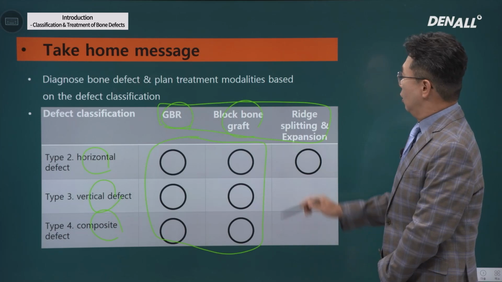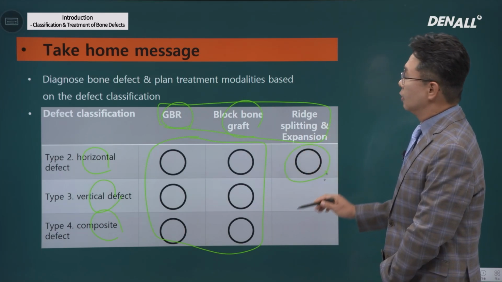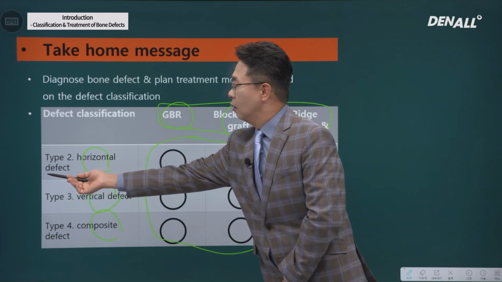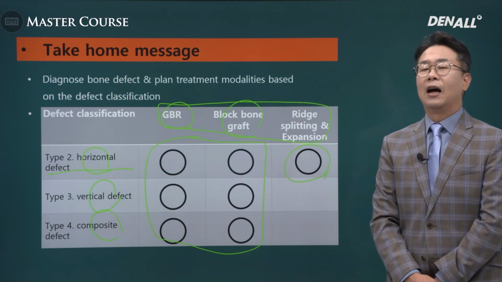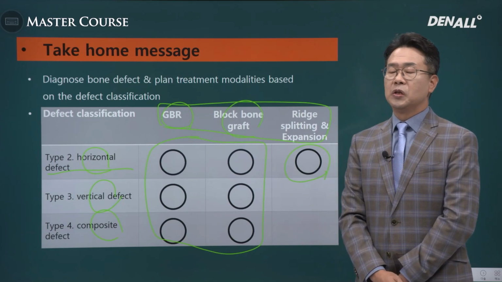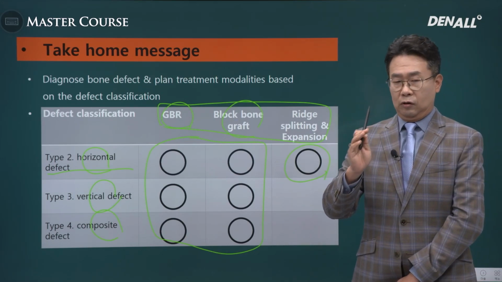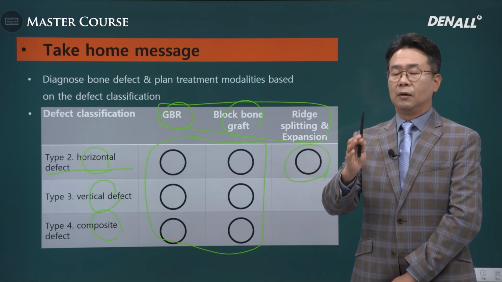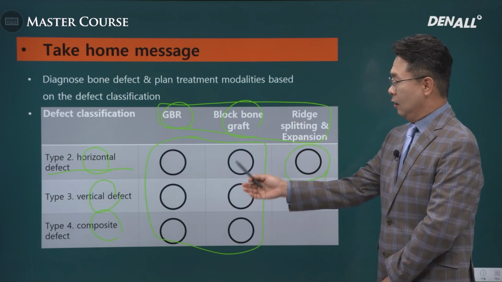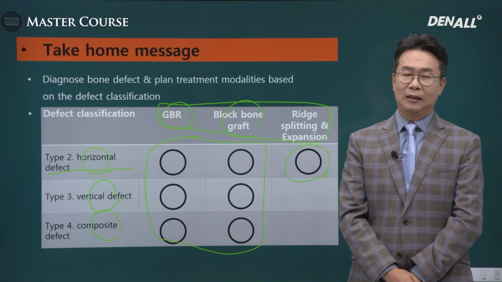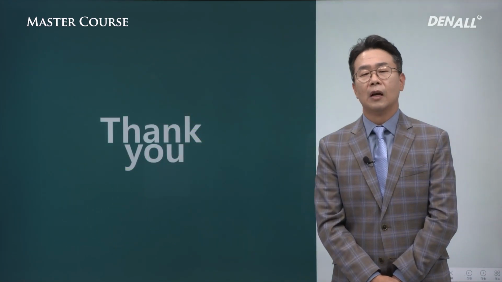This can be applied universally. As for ridge split, this can be applied only when there is a horizontal bone defect. I hope you utilize this table as you differentiate and categorize defect and ways to find the right treatment.